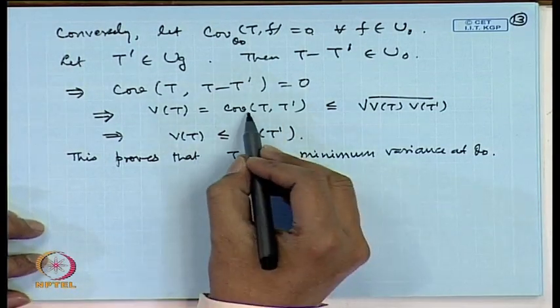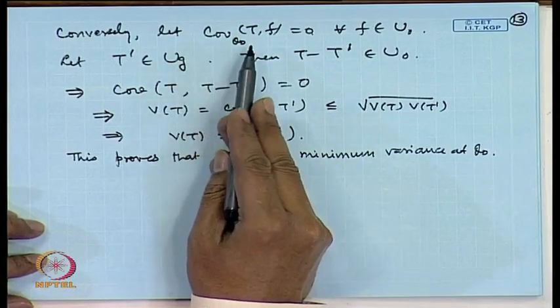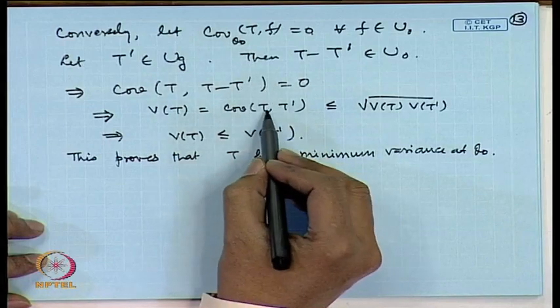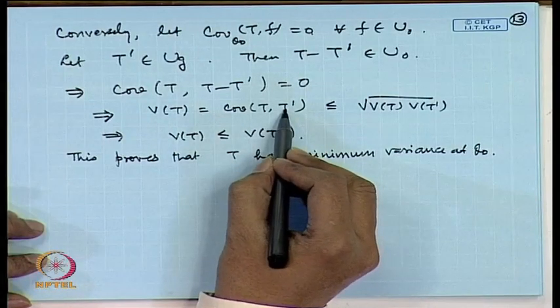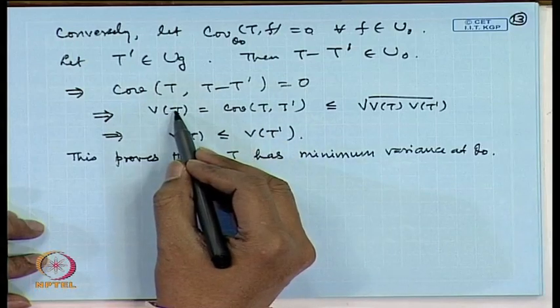Another thing which you can conclude from here, I have proved that if T is UMVUE, then covariance between T and T prime is equal to variance of T. That means this is always positive.